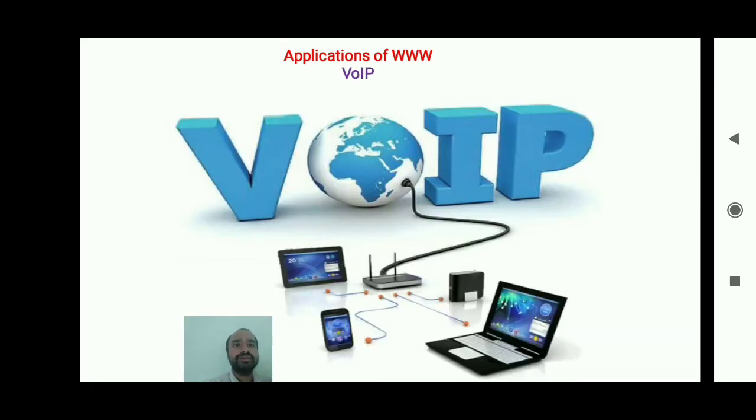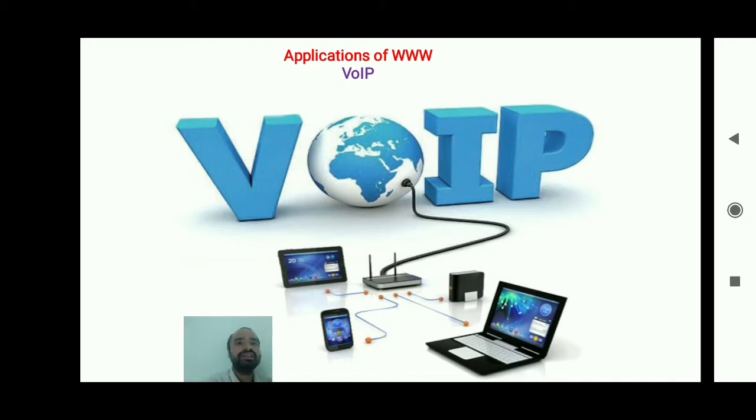Next one is VoIP. It is also related to the www, that is the World Wide Web, where you use resources through your mobile network or your telephone network also.